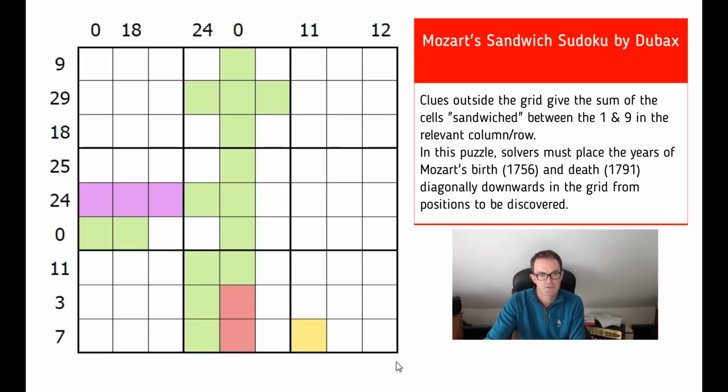All of those squares are going to have to be green. Sorry, I'm losing my train of thought. And therefore, how are we going to make this 24 square work? The only way this 24 square is going to work is if these two squares are red. And that's a problem, isn't it?